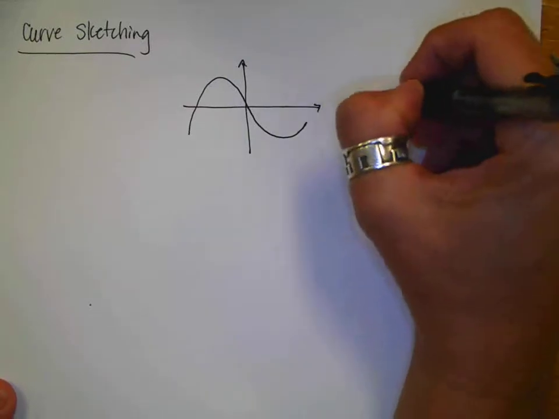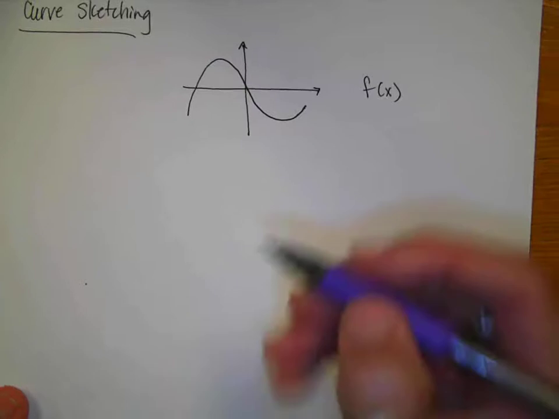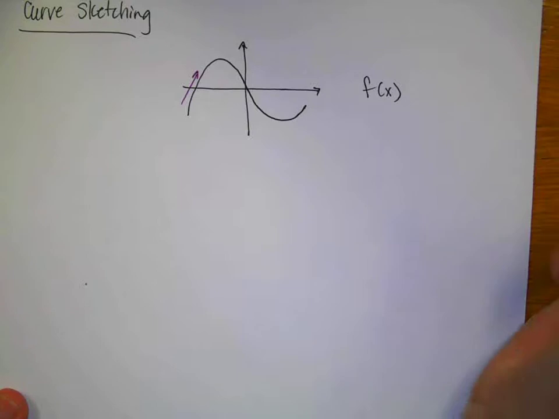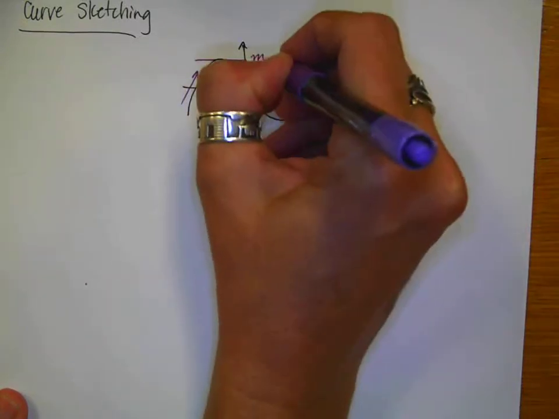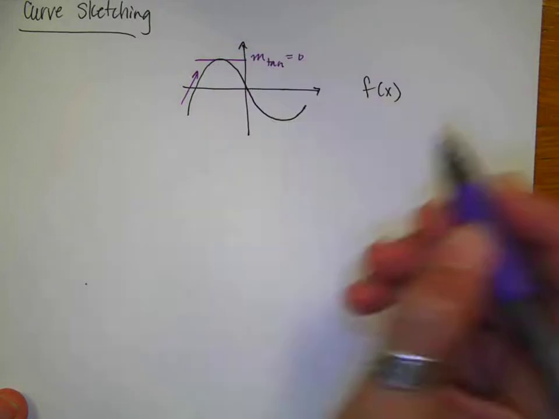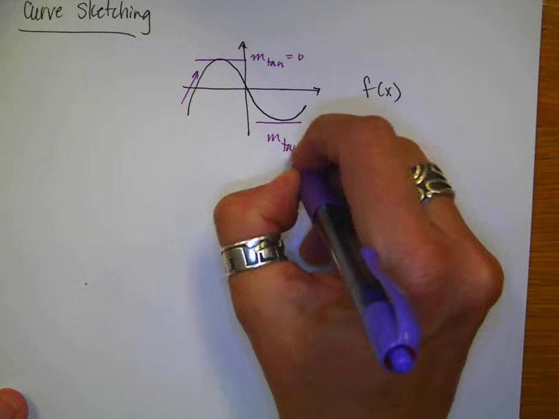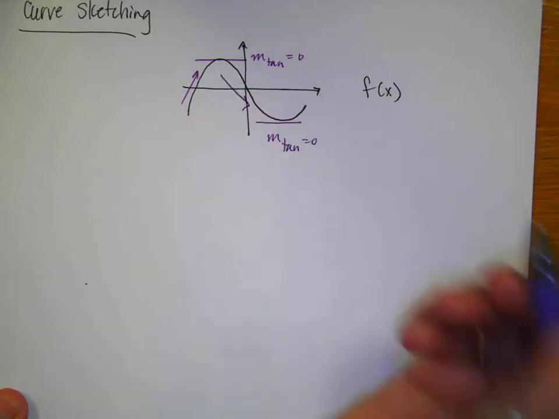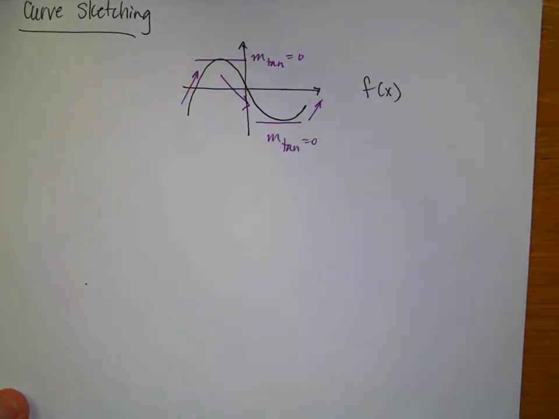So I'm going to have a graph of my function that's going to look like this. Okay? So this is going to be f of x. And things that we notice about this, at this point, my tangent has a positive slope. At this point, the slope of the tangent is 0. At this point, the slope of the tangent is 0.